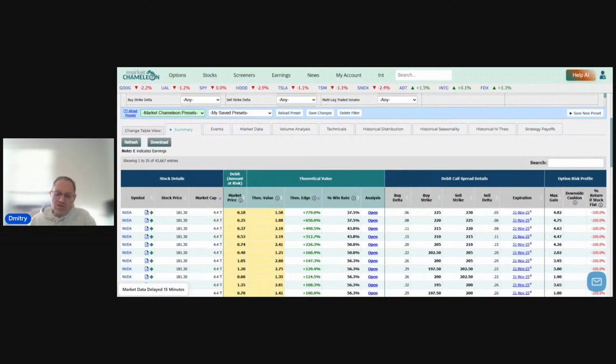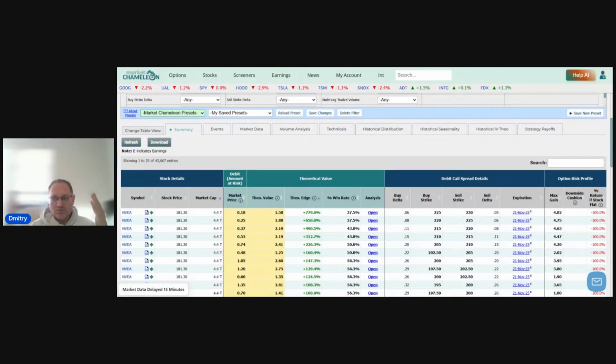When we look at call spreads, especially screening, you have different symbols to screen, such as NVIDIA, Apple, and so forth.